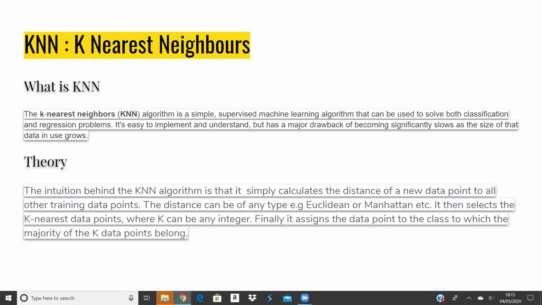We have considered a K of 3, so we are going to find the 3 nearest neighbors of this data point. Out of this, we find which has the minimum distance, and then we conduct a vote.